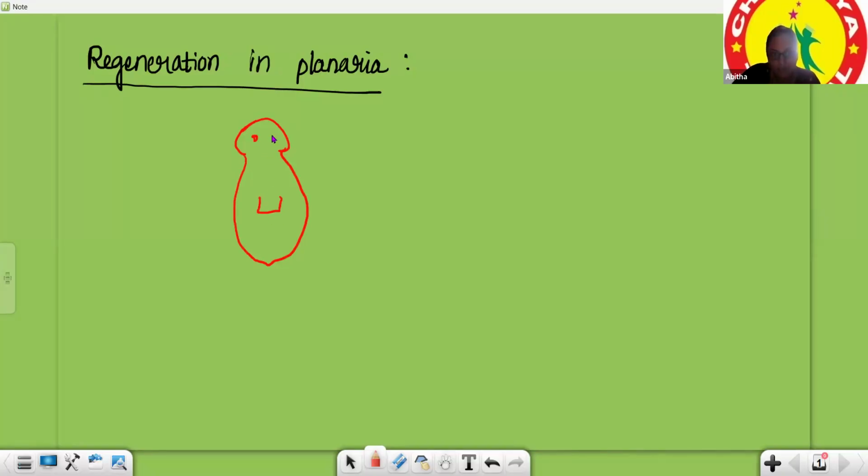It will be like this. Whenever a cut happens, let's say we made 3 cuts of this animal.